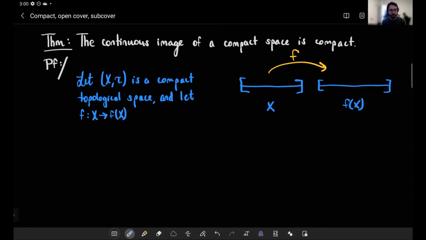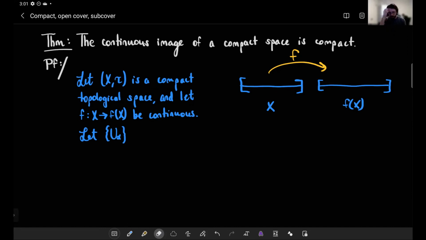Maybe this is bad notation, who cares? Let that be continuous, I should say. And we want to take some arbitrary open cover. So let U sub alpha be some open cover of F of X.